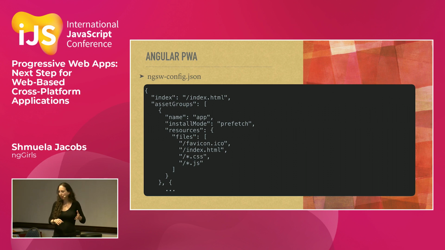It goes through your application and sees what assets and resources it has, and adds them here as something that needs to be cached.